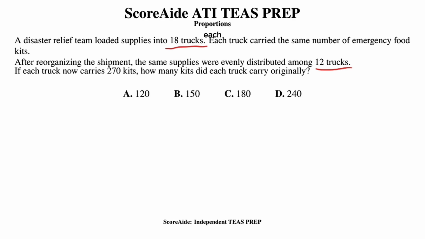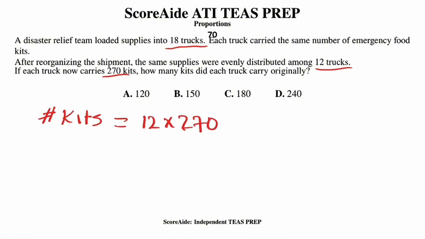If each truck now carries 270 kits, the total number of kits is going to be equal to 12 times 270, which is equal to 3,240 kits.